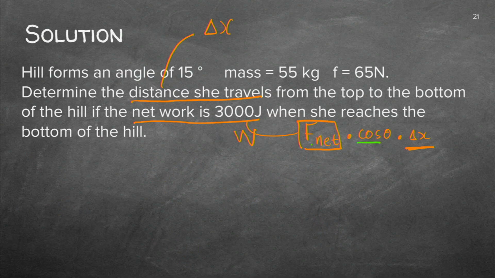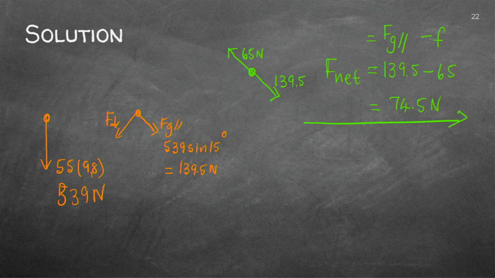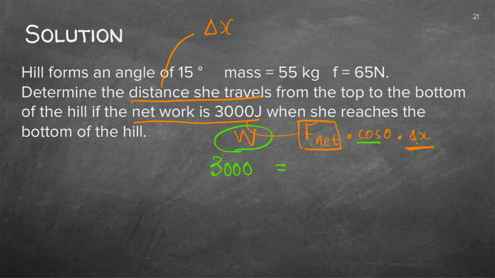Now I have my net force, and as I said previously, if you've got your net force and you've got your work done, you can calculate delta x. So let's complete this. I've got 3,000 here. I calculated my net force just now as 74.5. So we substitute 74.5 times delta x, and the net force will be in the same direction, so it will be cos 0 degrees.